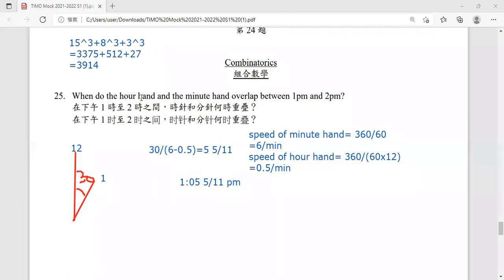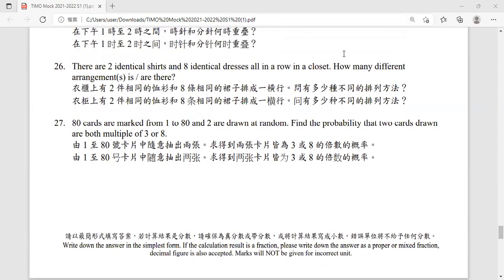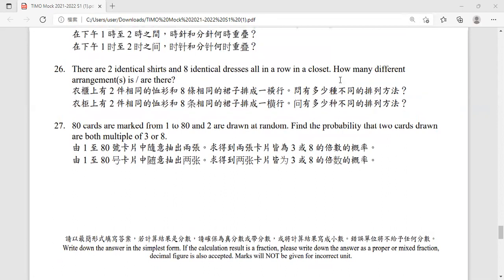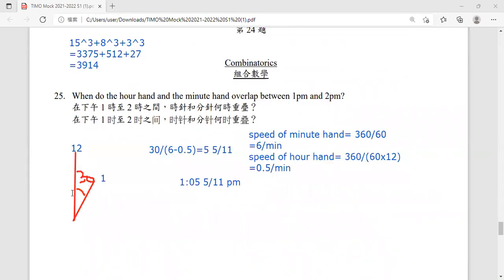Any question on 25? Okay, 26. Because the initial distance is 30 degrees.